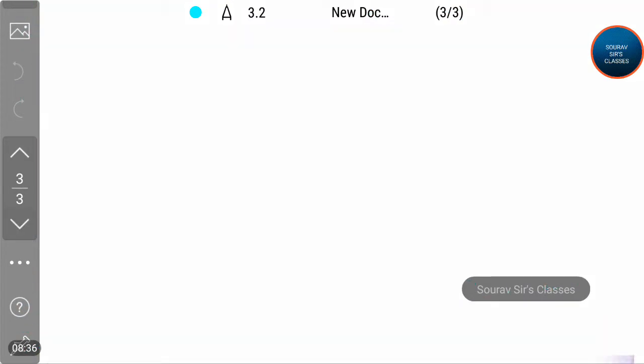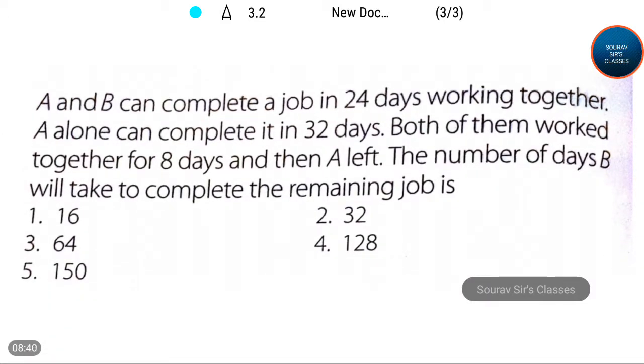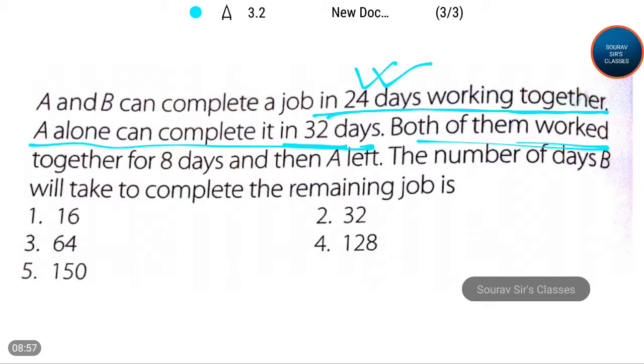Now, okay, here is the next question, and the question is, A and B can complete a job in 24 days working together. So if A and B work together, then they can complete the job in 24 days. Now, A alone can complete it in 32 days, and both of them worked together for 8 days, and then A left.